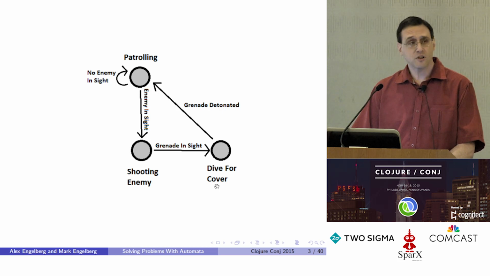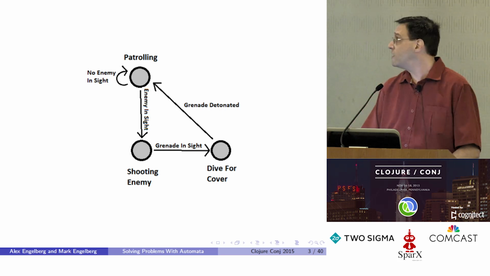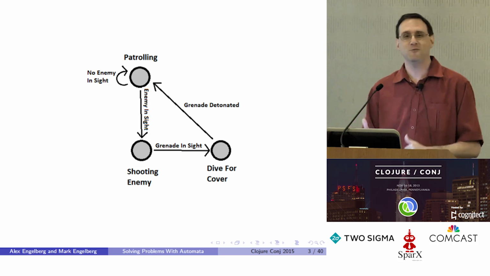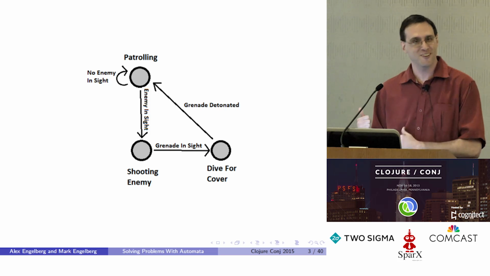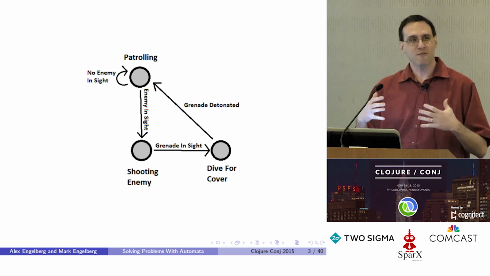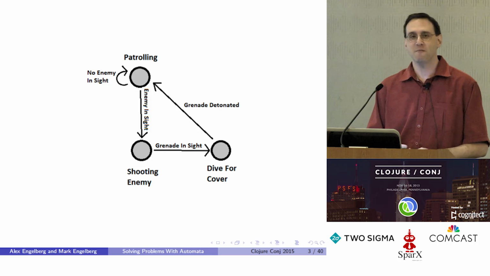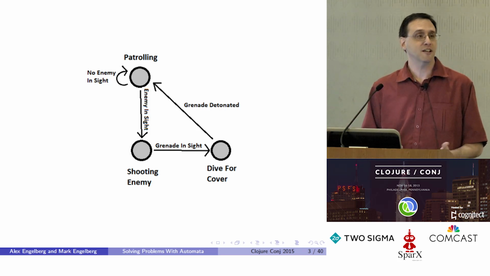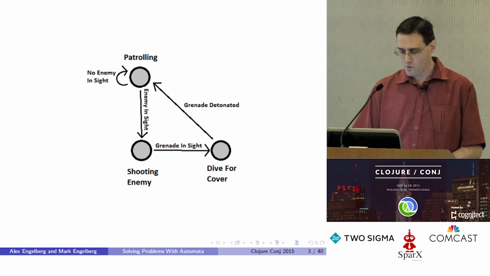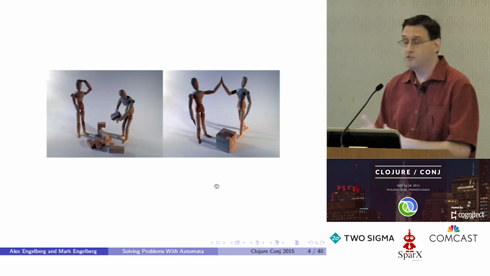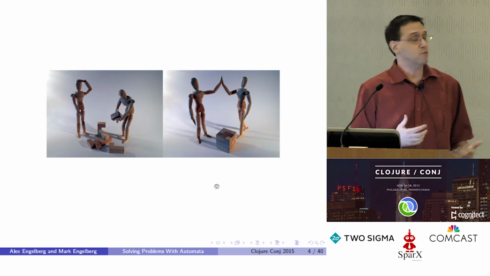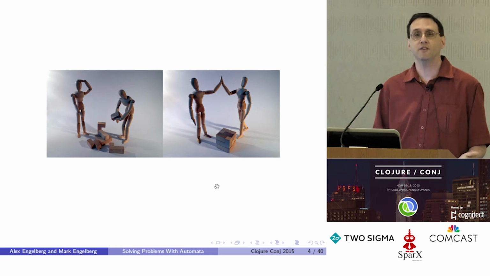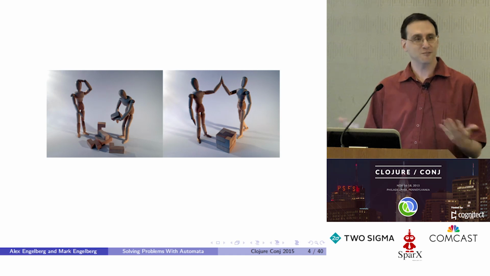Now, a few years ago, I became aware that there is a lot more you can do with finite state machines than just this. And once I realized that, I started noticing many different contexts where finite automata can come into play. So today, the two of us are going to show some puzzles, because I'm a big believer in the educational value of puzzles.